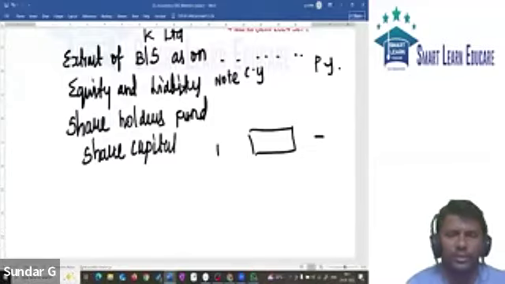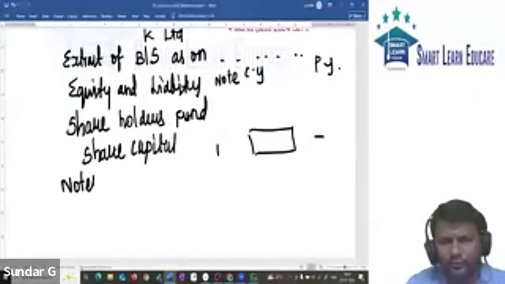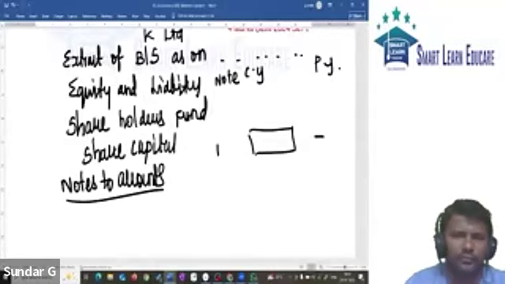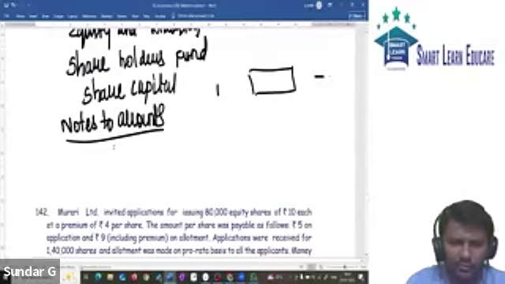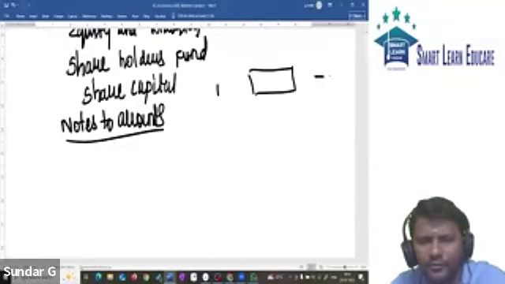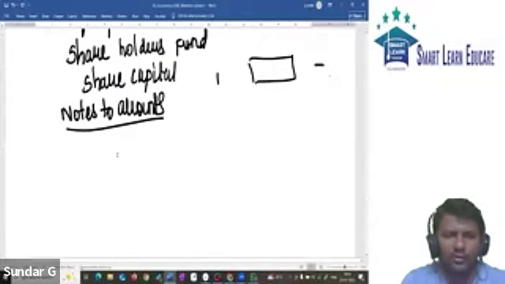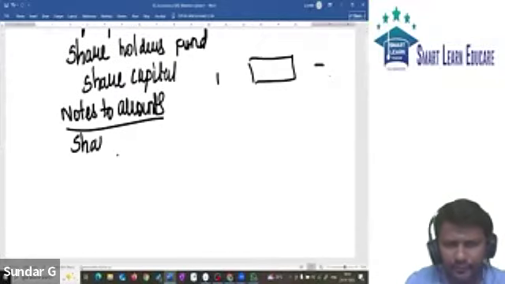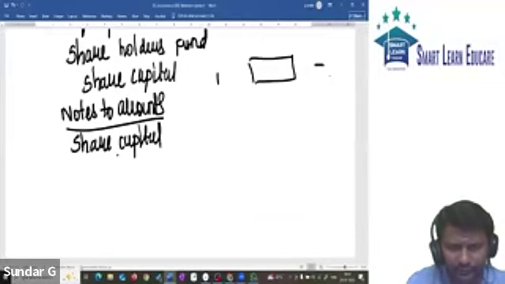Previous year we don't have anything. So in notes to accounts, we are going to have the share capital, and all the breakup we will write. First, share capital. Below share capital, point one, authorized capital.